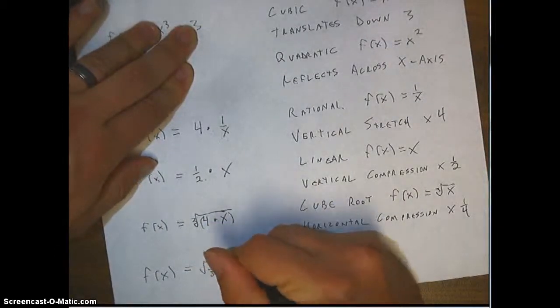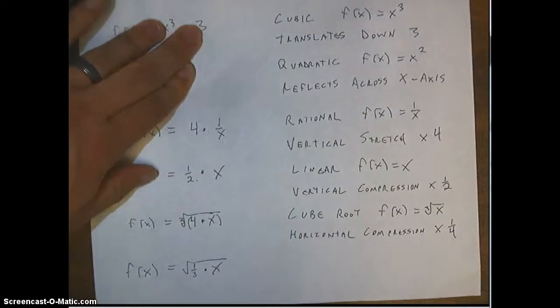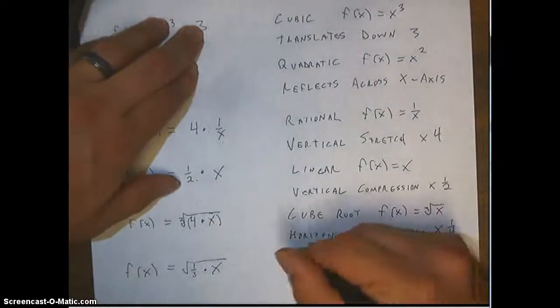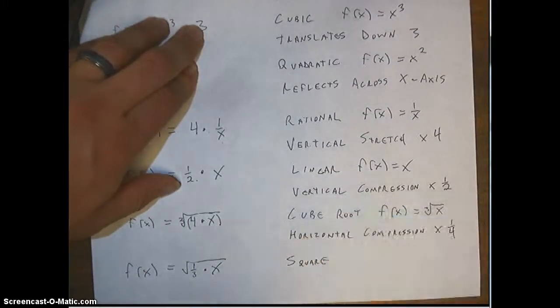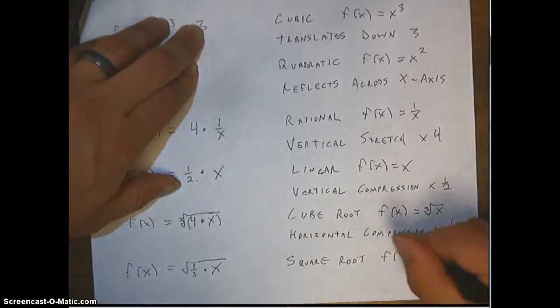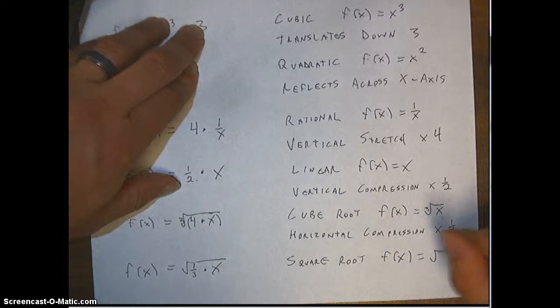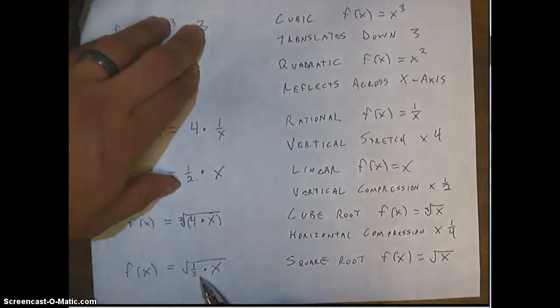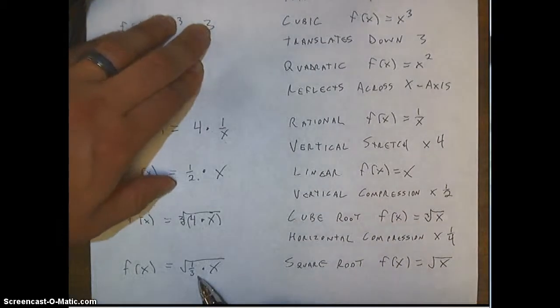Square root of 1/3 times x. Well, you could probably recognize that as a square root function. And the equation for that is f of x equals the square root of x. So what's the effect of multiplying 1/3 there?